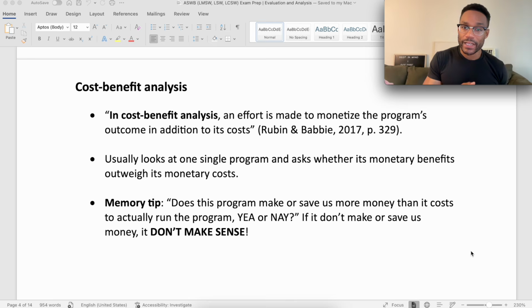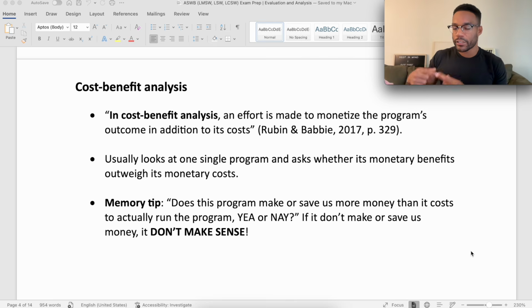And cost benefit analysis is saying, hey, how much does it cost to run this program? Cool. Whatever the outcome, benefit, the good that comes from this program, what does that look like in terms of money? Reduced dropout rates, reduced unhousing rates and whatnot.